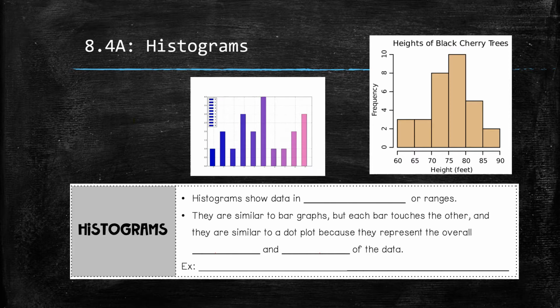Histograms are very similar to bar graphs. They are a little different in that histograms show intervals or ranges for their x-axis, and the bars are touching, and they are similar to dot plots in that they show the same shape and spread.